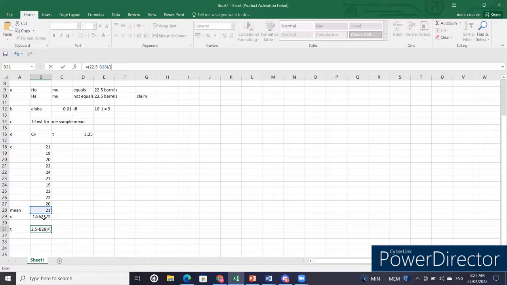And this one divided by the square root of 9, oh sorry, it should be the square root.